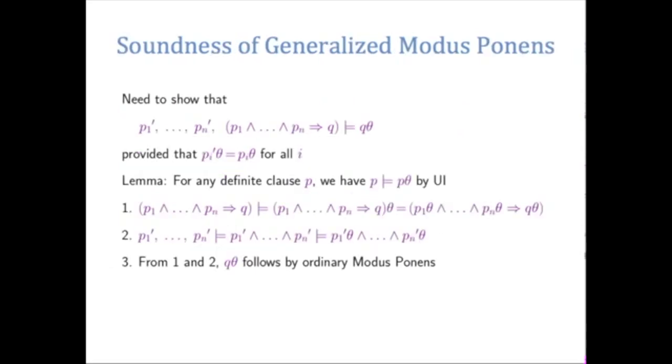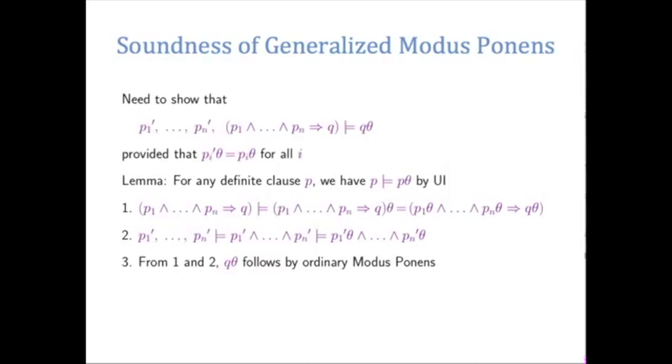Let's see if it really works. So basically, we'll need to show that given these ground clauses P1 prime through Pn prime, and the implication that the uninstantiated clauses P1 through Pn all imply Q, that entails Q with substitution theta, provided that we have the same substitution for all these clauses for all i.